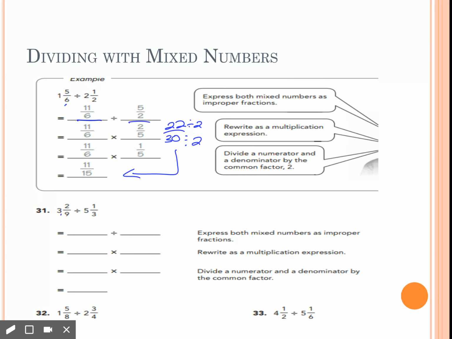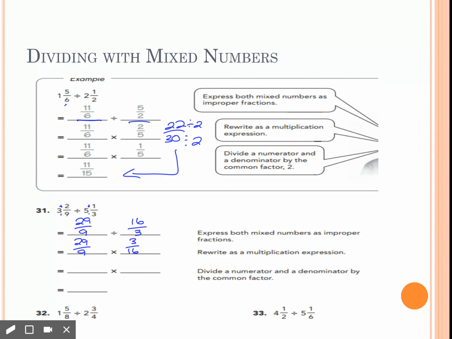So number 31, 3 2/9. 9 times 3 is 27, plus 2 is 29 over 9, divided by 3 times 5 is 15, plus 1 is 16 over 3. Now I'm performing keep, flip, change. 29 over 9 stays the same, times 3 over 16.